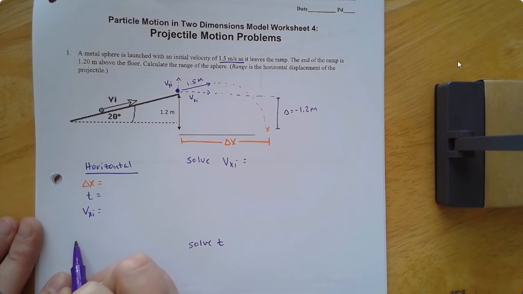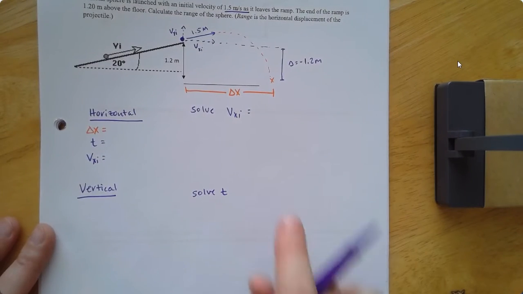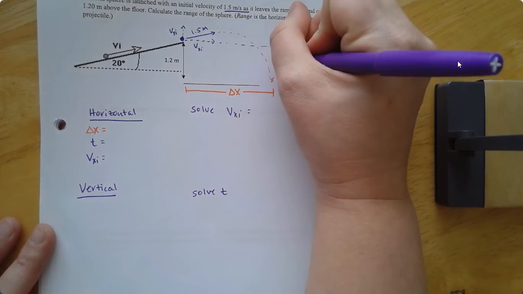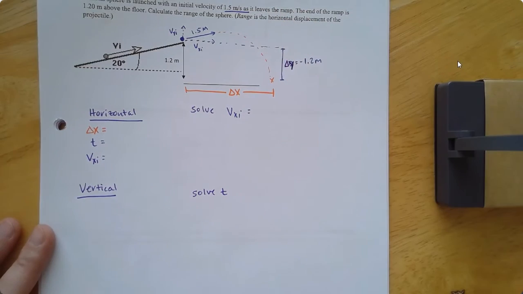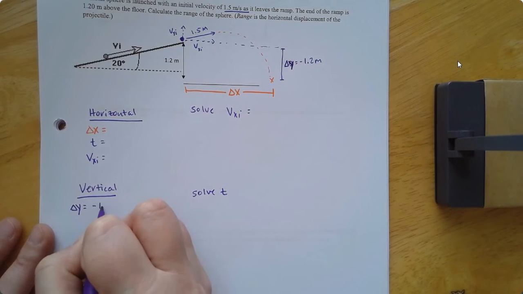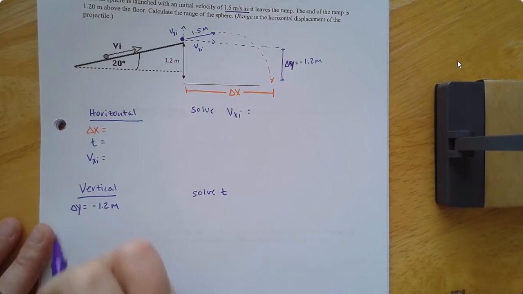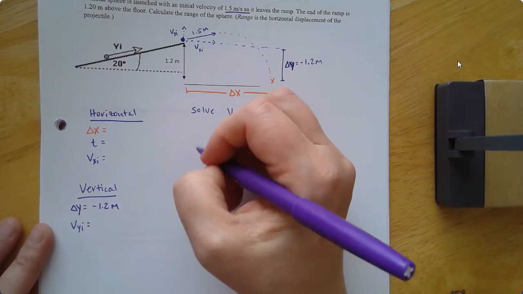So what about vertical things? Because if we know enough vertical stuff, we can solve for time and use it with our horizontal problem. I just wrote a triangle there, didn't I? It should be a triangle and a y. There we go. So we know that our vertical displacement is going to be a 1.2 meter drop. We can solve for our initial vertical velocity. So that's something else we're going to have to do.